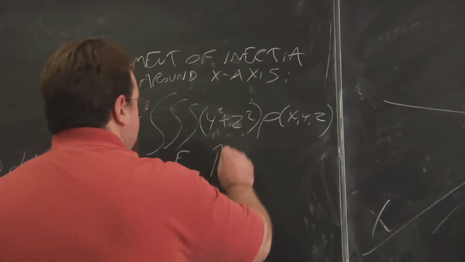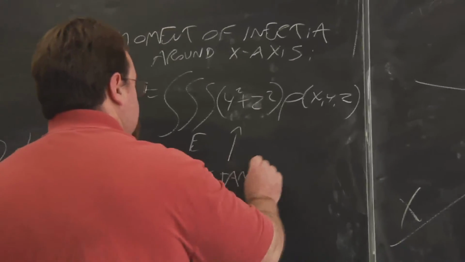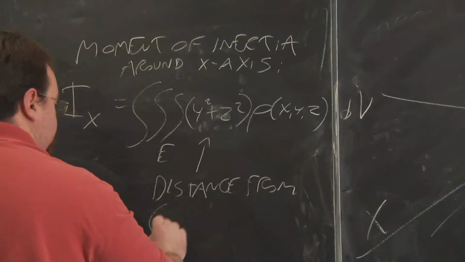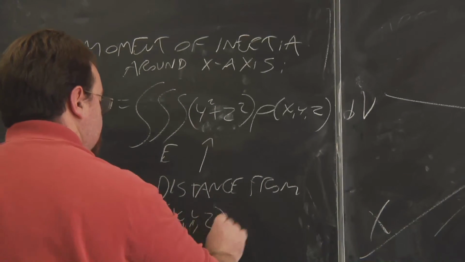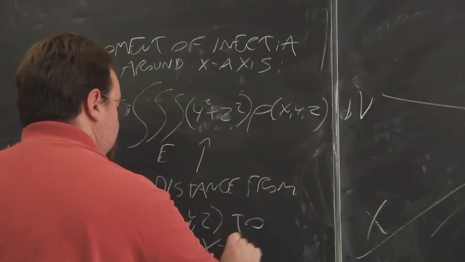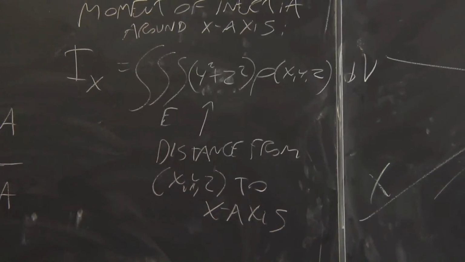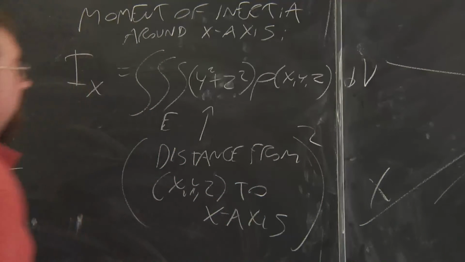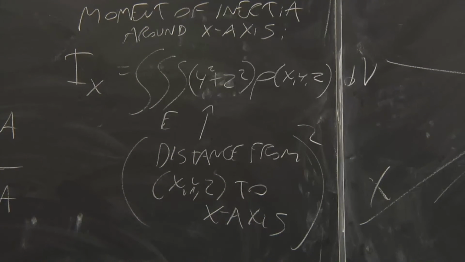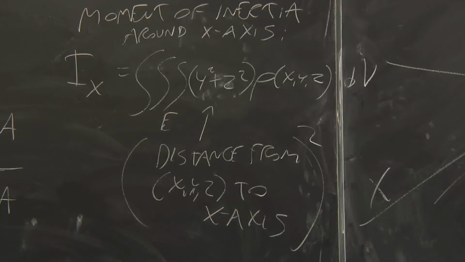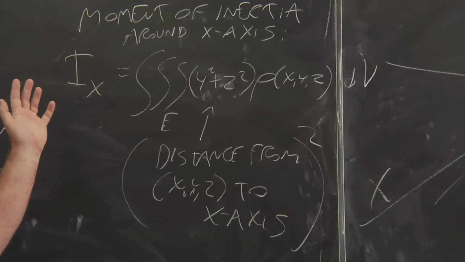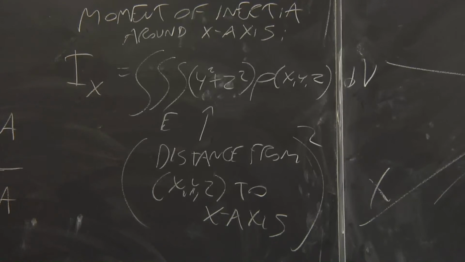So here, this is a distance, and there should be a dV here, of a point x, y, z to the x-axis and squared. Okay. So the interpretation of this quantity Ix is the tendency of the object to want to rotate around the x-axis.